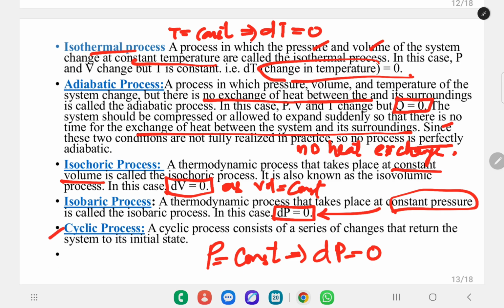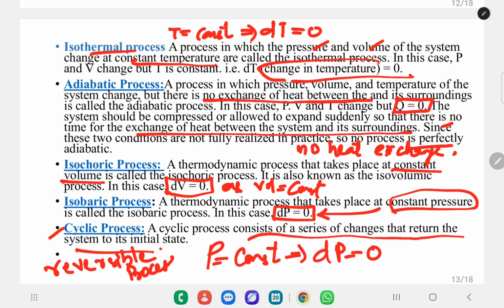Next, cyclic process. A cyclic process consists of a series of changes that returns the system to its initial state. It is also called a reversible process, where the system can come back to its initial position. These are the processes.